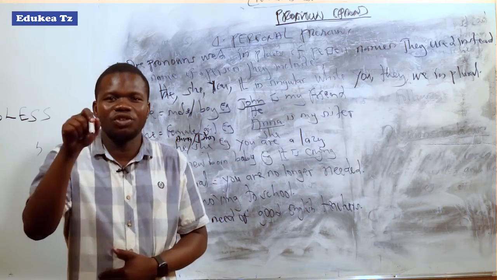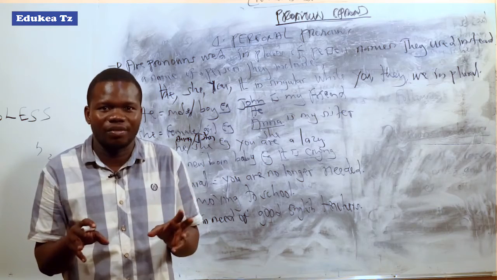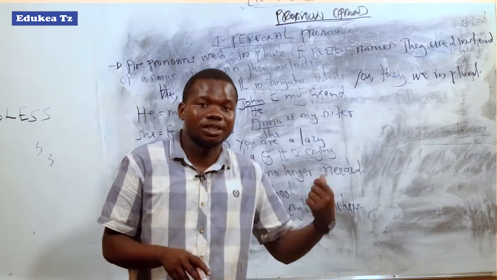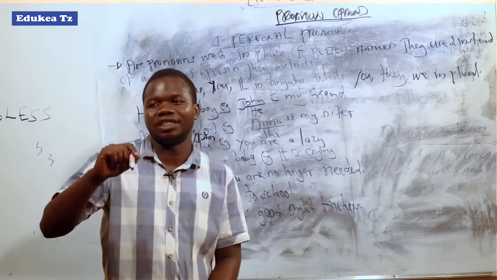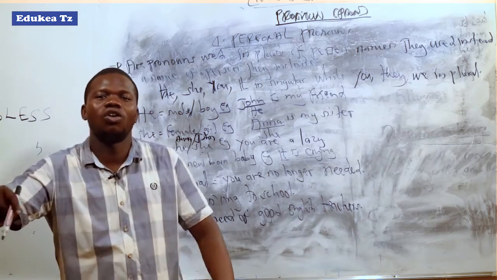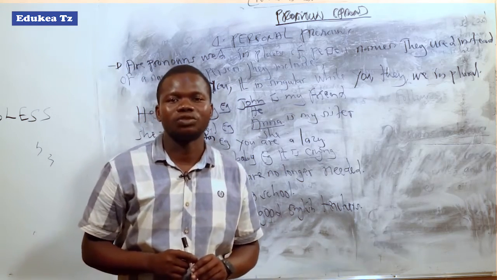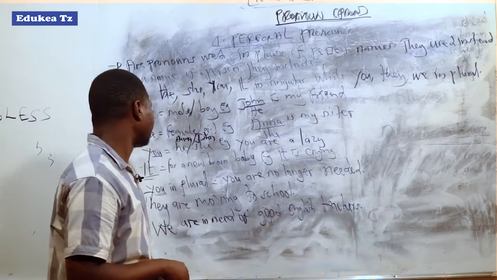So the same you will be used to address them, since they are plural and not singular like the first three. So we may use you to address one person or a group of people. That shows it is used for both singular and plural.